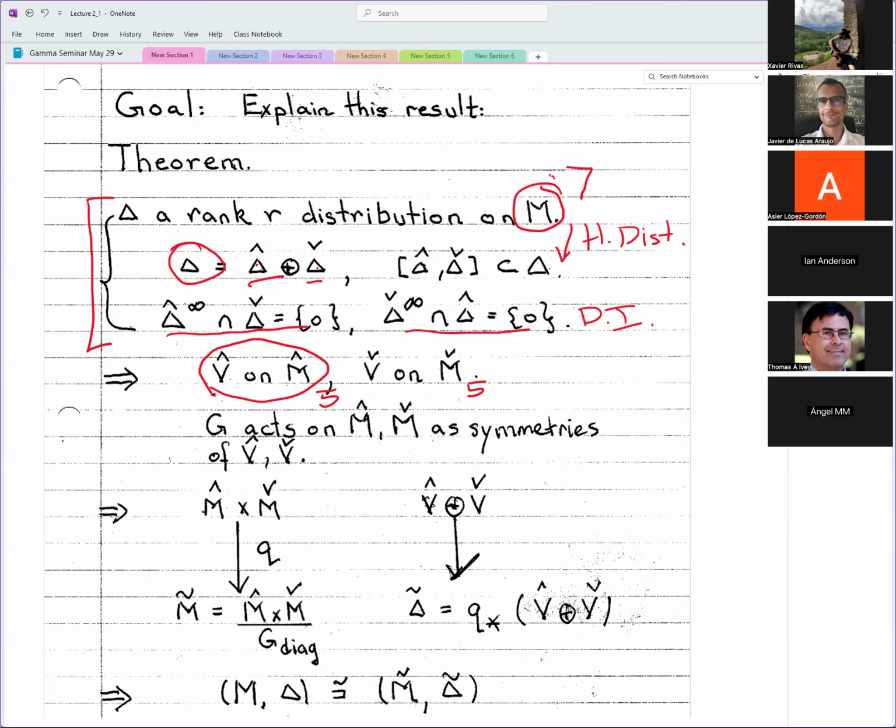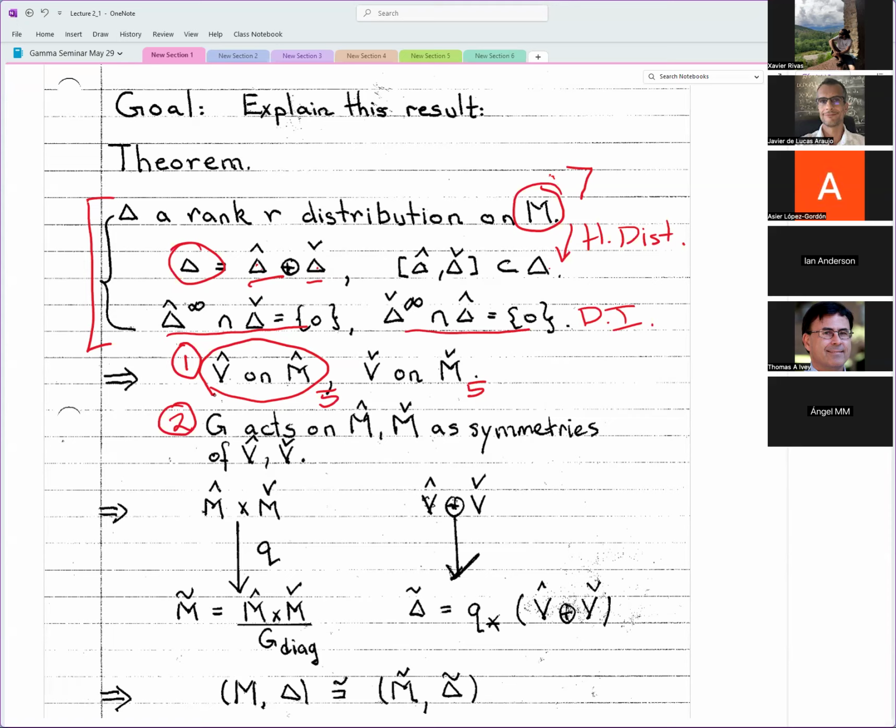The second thing you get is a group action acting on these two manifolds as symmetry groups of these two distributions.